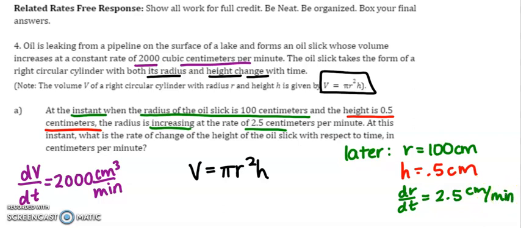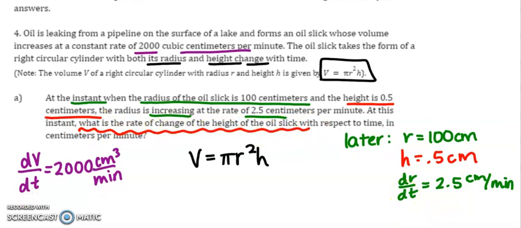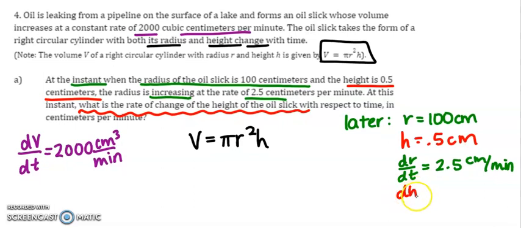At this instant, so at this later moment, what is the rate of change of the height of the oil slick? So dH/dt is a mystery. Okay, well, I've got my variables related: volume, R, and H. So it's actually okay to have all of these variables in here.